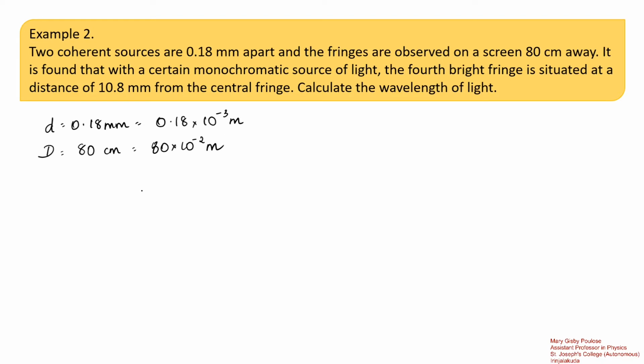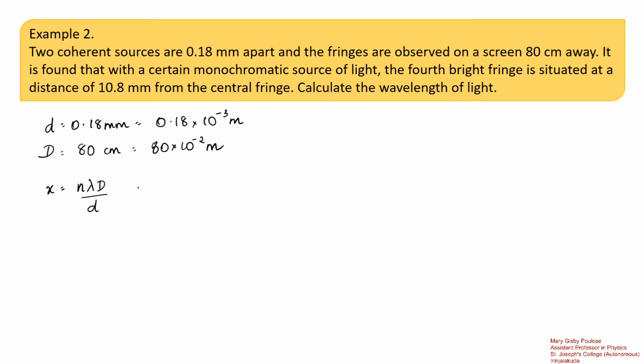So in Young's double slit experiment, we know that the distance of a fringe from the center is assigned as x. So the equation for x, the distance from the central fringe, was given as n times lambda capital D divided by small d.